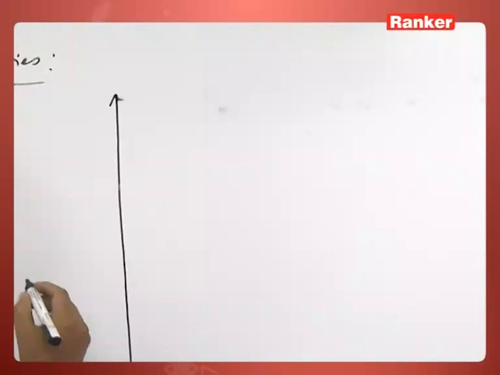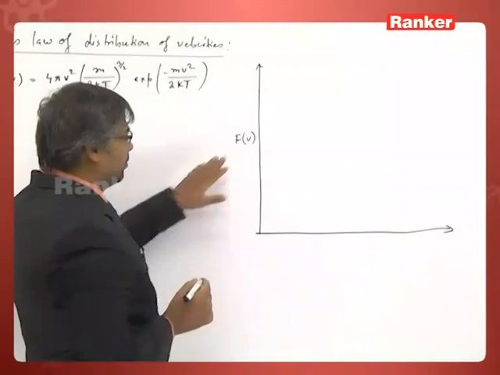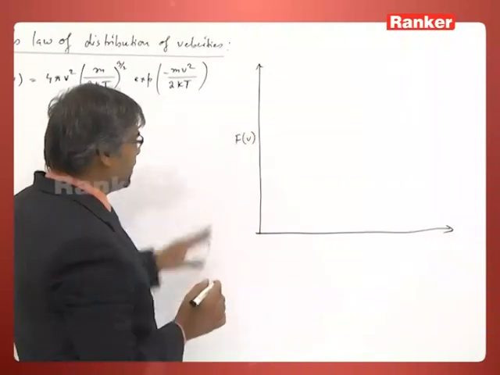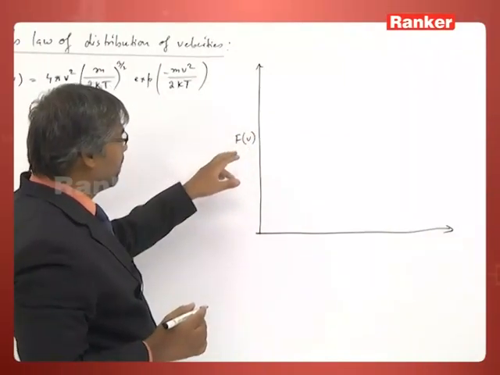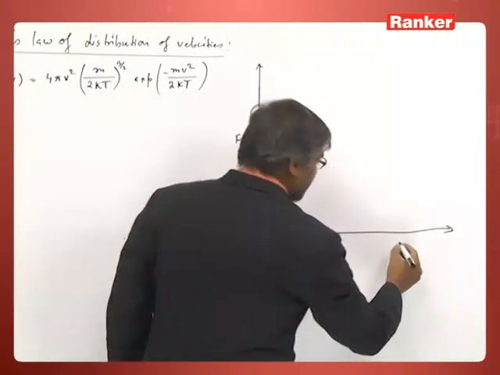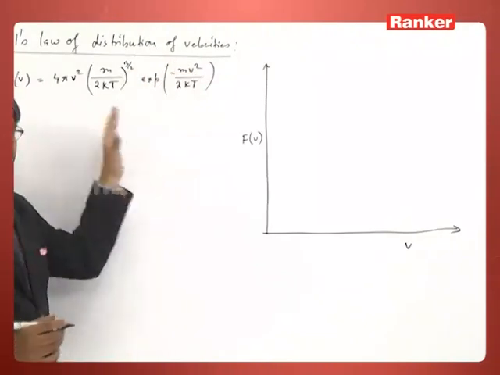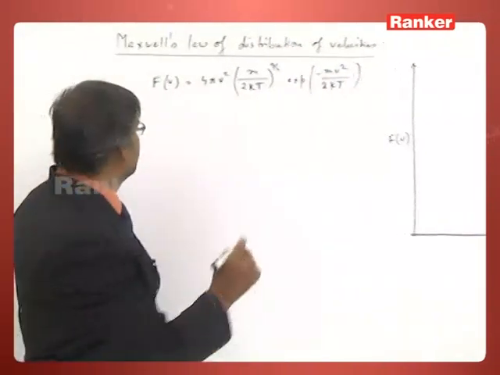So here Fv, the probability function, is plotted, that is the probability of a molecule with velocity v, and here v is plotted. So this is the relation, this is the probability.